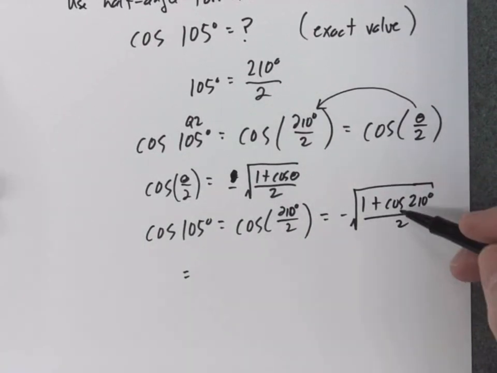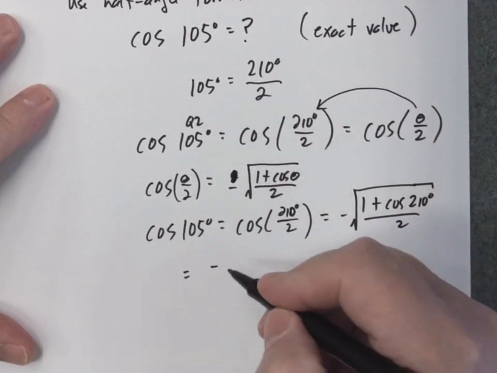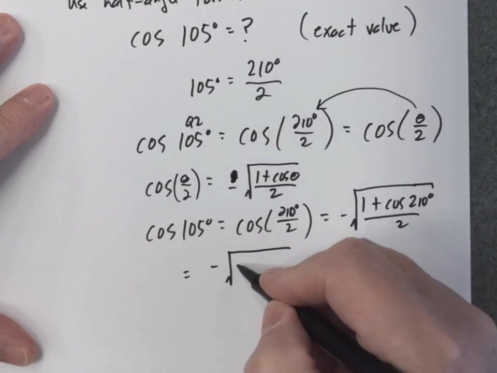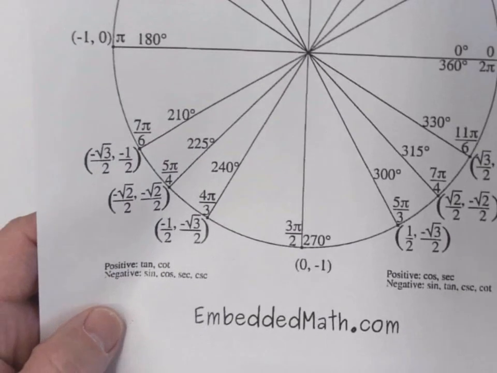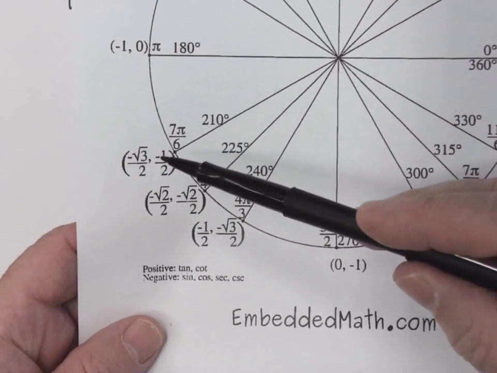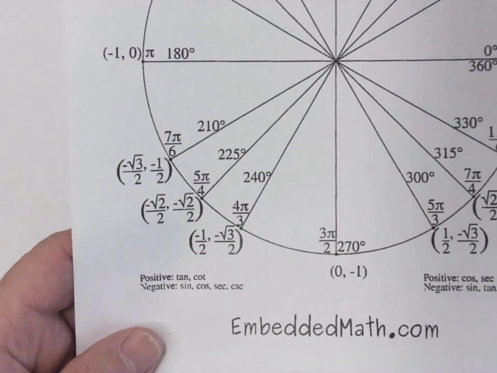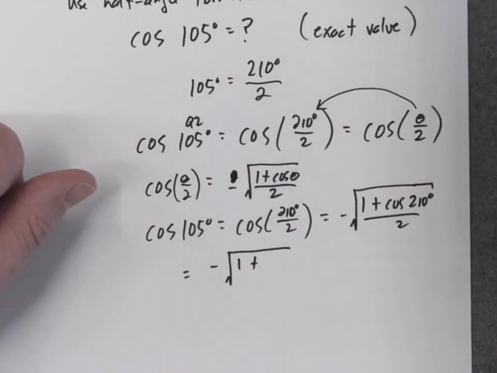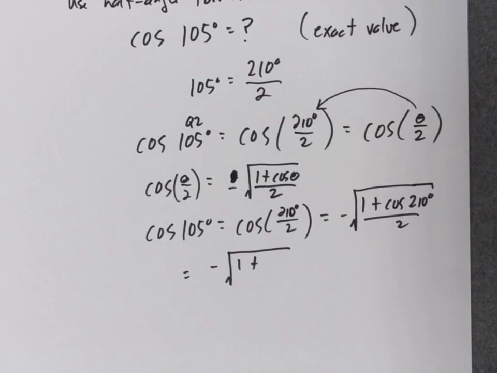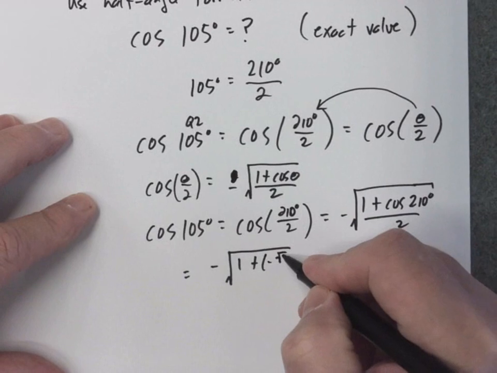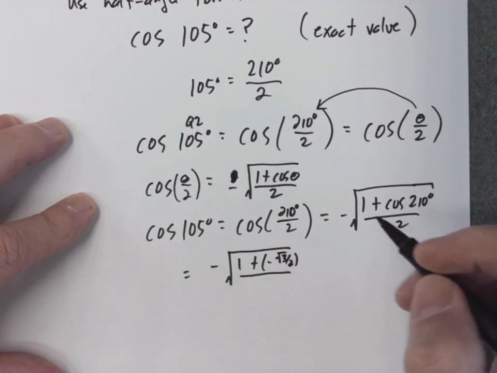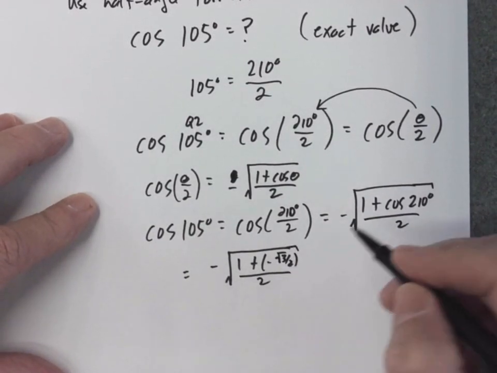Once you actually start to do the math, you have fractions under square roots, and it can be messy algebra. So the cosine of 210, 210 is down here, cosine is negative square root of 3 over 2. All that over 2, which is all inside the square root.